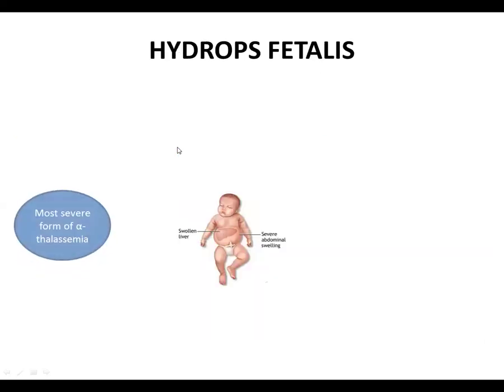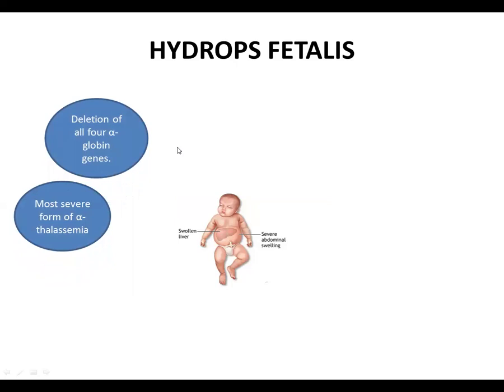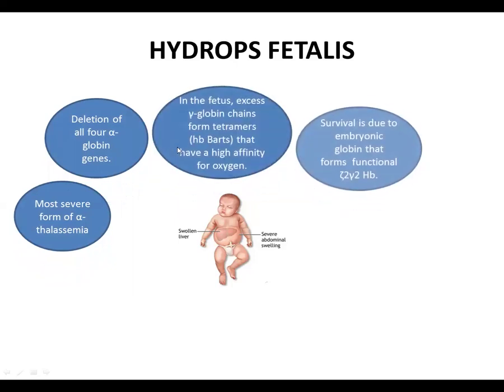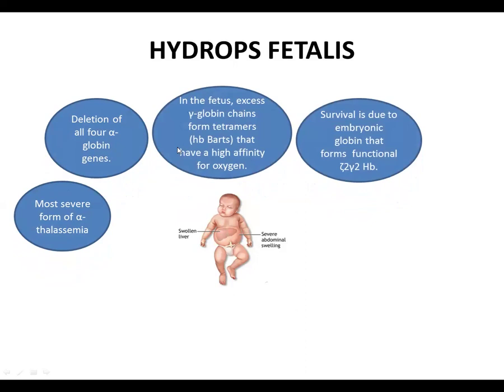The fourth condition, hydrops fetalis, is the most severe form of alpha thalassemia in which all four alpha globin genes are deleted. In the fetus, the major hemoglobin is hemoglobin F, which is formed by the combination of alpha and gamma globin chains.